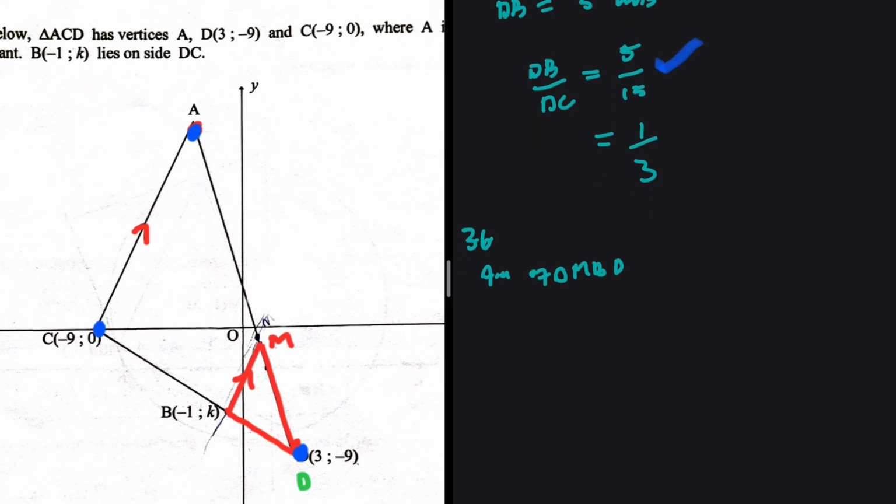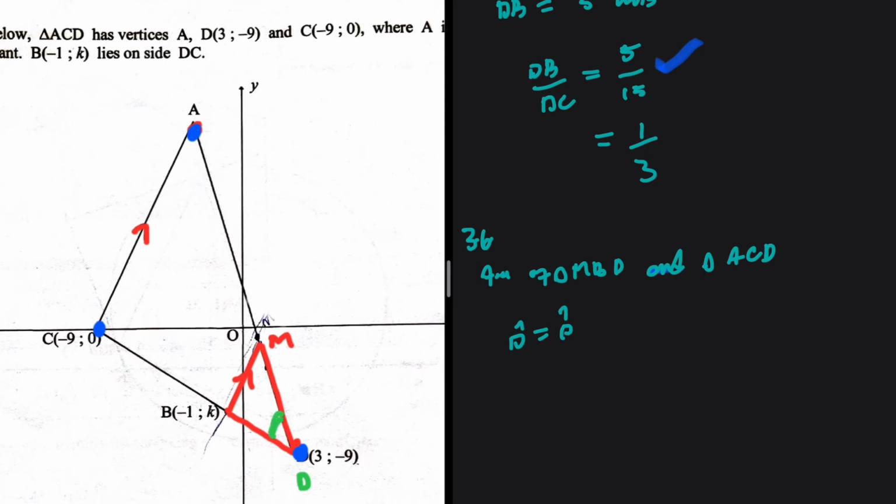First of all, in these two triangles, triangle MBD and triangle ACD, you will realize that angle D is equal to angle D, right? That is just a common angle.